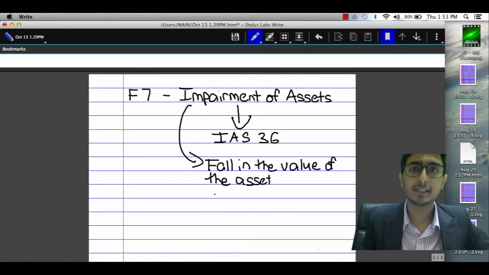Now, how do businesses know that there's actually a fall in the value of the asset? Basically, the major indicator is that now we cannot get any income from the asset.